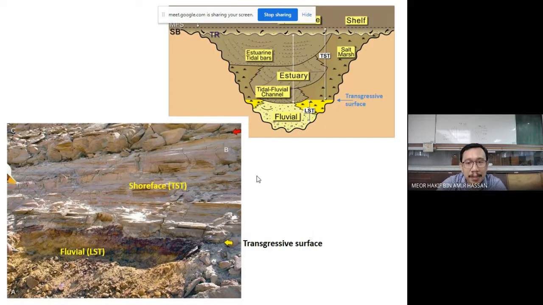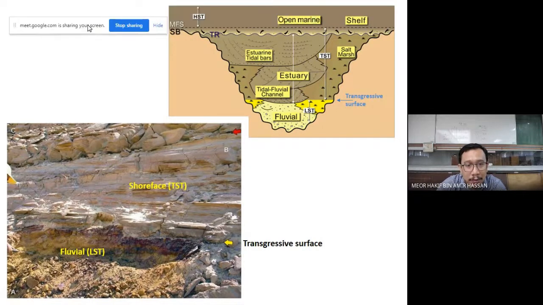Let me show you an example in outcrop, how does a TS look like? This orangey to reddish colored deposit at the bottom here is a fluvial sandstone to conglomerate. Beds are almost horizontal, isn't it? And above it is a shoreface sandstone, very clean and very light colored, with hummocky cross stratification, low angle cross stratification, and parallel stratification.